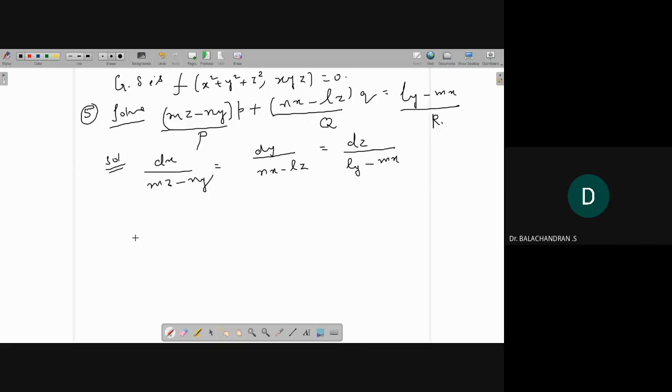The idea is, again, lmn is already used, so I'll use a. a into mz minus ny plus b into nx minus lz plus c into ly minus mx should be equal to 0. So what is a, what is b, what is c?